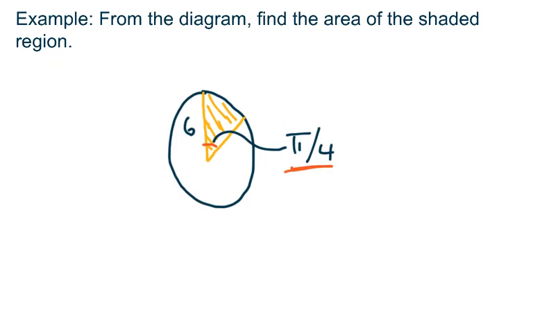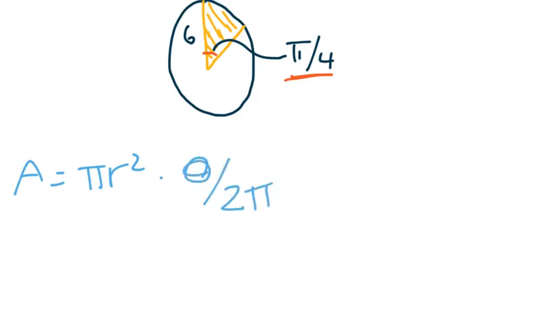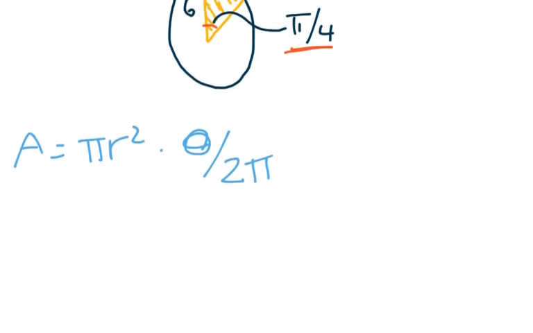Typically, you know something's given to you in radians when there's a pi involved. Okay, so let's use the formula again. A is equal to pi r squared, area of a circle, times theta over 2 pi. And recall that 2 pi in radians is equivalent to 360 when we have it in degrees.